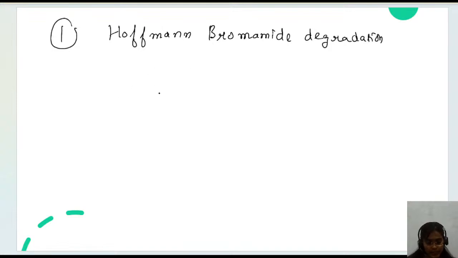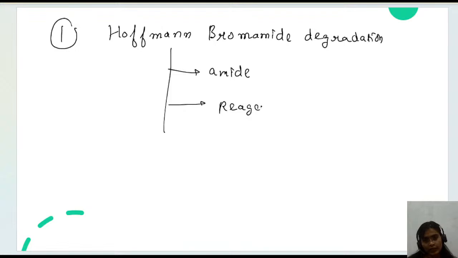We are going to start with the amide. The substrate is an amide, and the reagent is bromine and aqueous NaOH. Even the side product is very important for this reaction. If you compare the importance among all four reactions, Hofmann bromamide is one of the most famous and important.